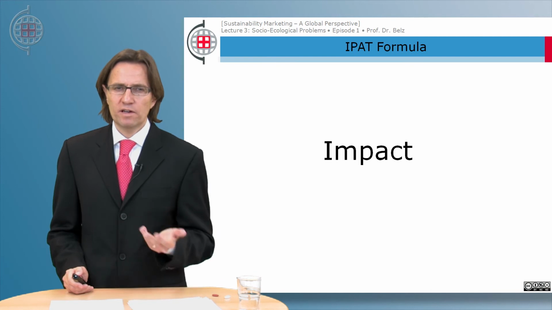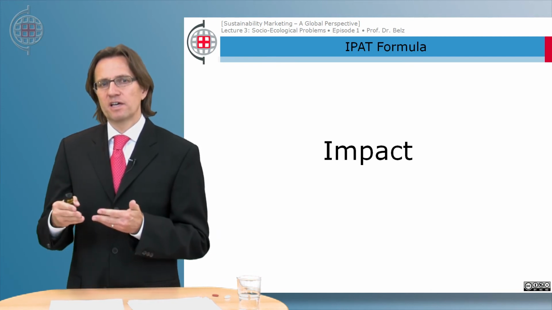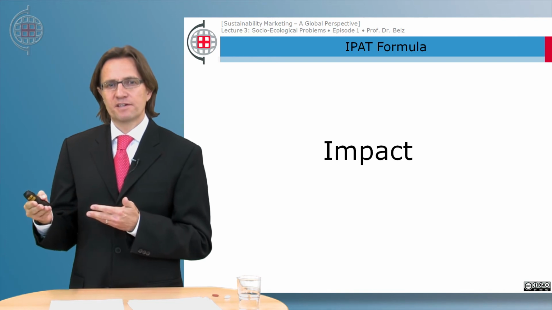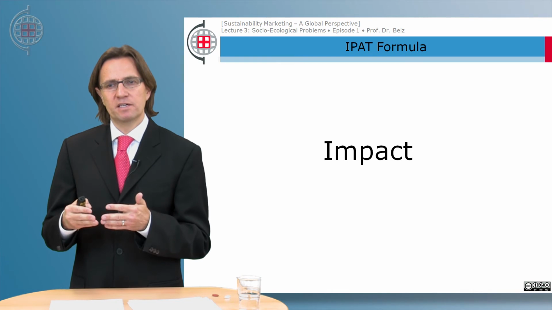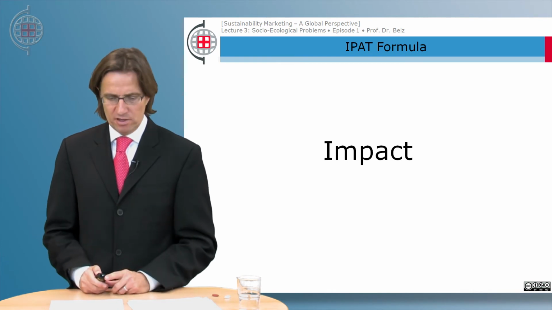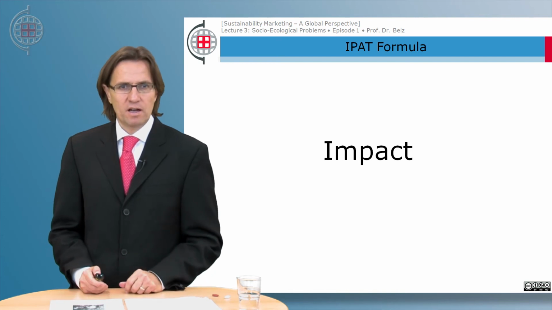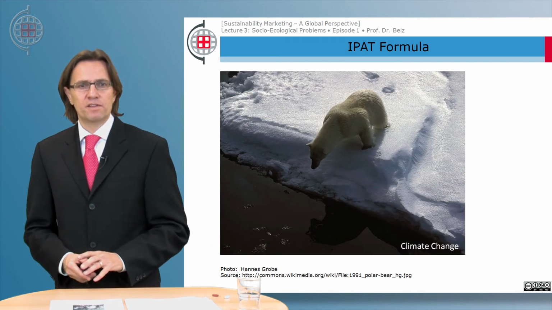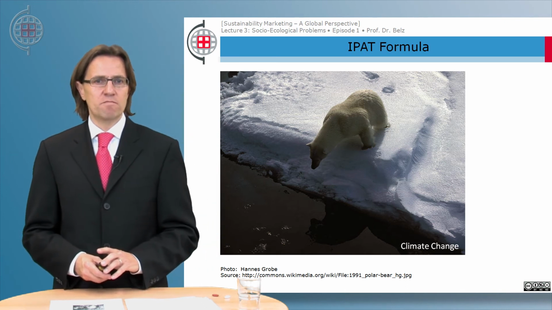Well, what does world population, the rising affluence, and technology, what does it mean? What kind of impact does it have on the natural environment? Let's have a look on the output side, especially emissions.